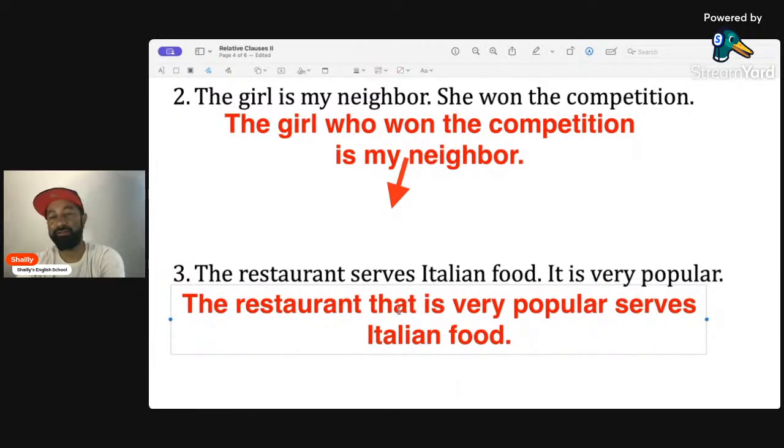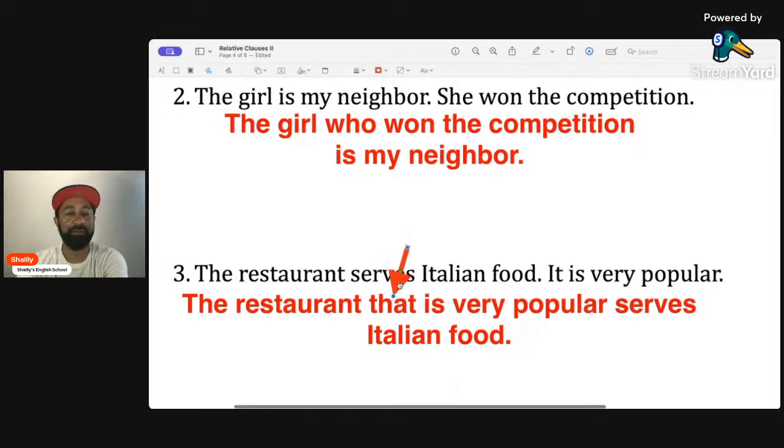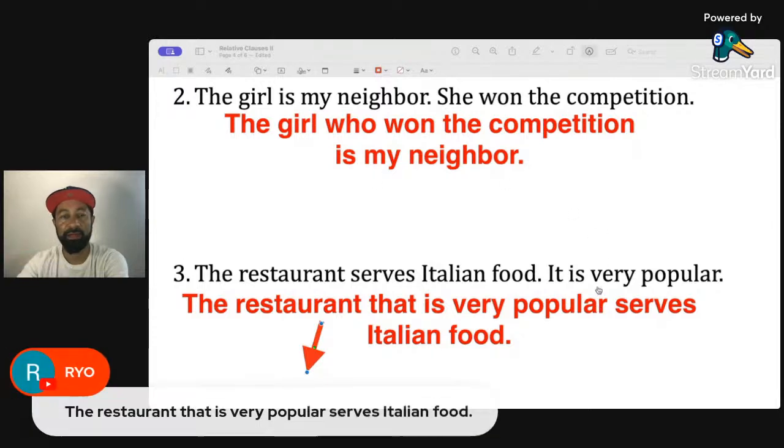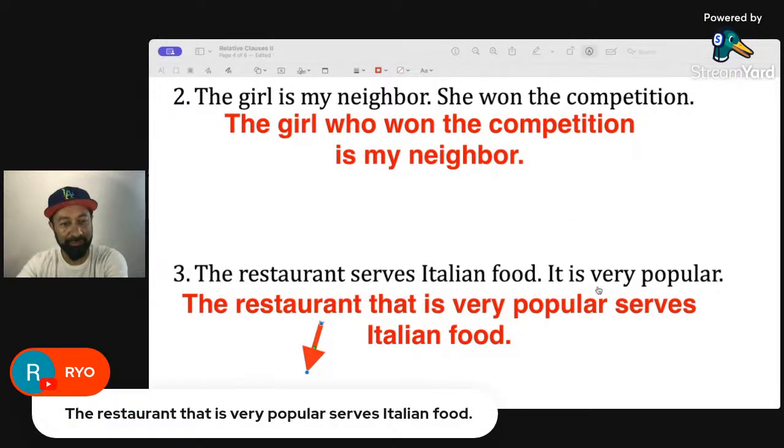The restaurant that is very popular serves Italian food. Okay, so after my relative pronoun, I have a verb, so it is necessary to have that relative pronoun. Perfect.